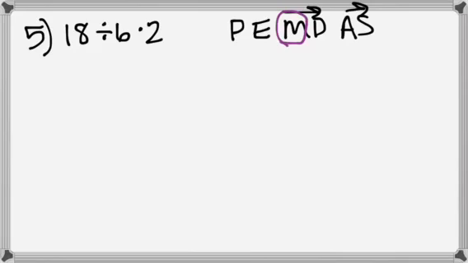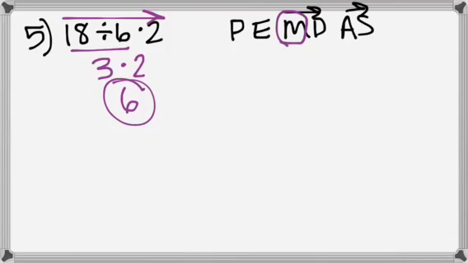Even though multiplication comes first in PEMDAS, it is written second in this problem, so we are not going to do that first. We're going to go from left to right. So we're going to do 18 divided by 6 and get 3. And then we've got 3 times 2, which is 6. So the answer to this is 6. You do not do multiplication first if multiplication and division are the only things left in your problem. You've got to go from left to right.